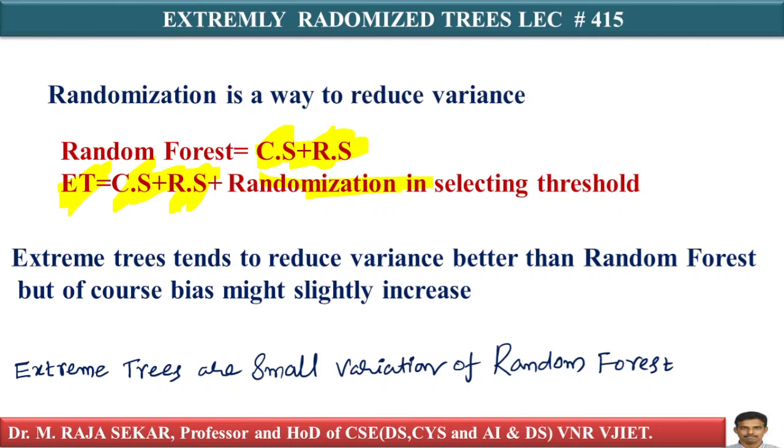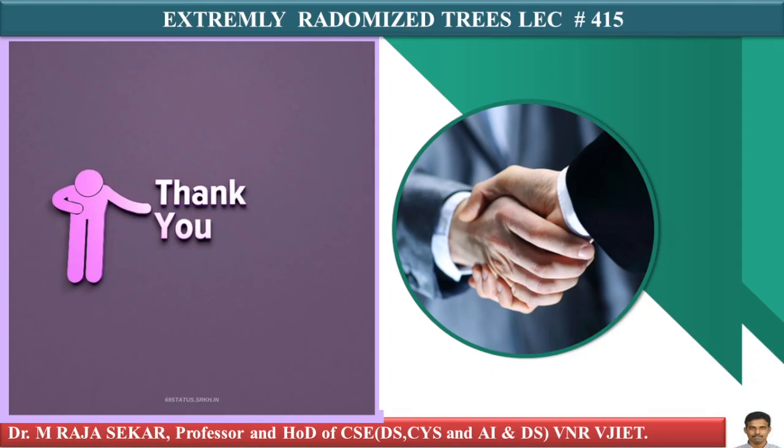Frankly speaking, I have never used extra trees in my own professional experience, but I have read about them in research papers. It is implemented and readily available in scikit-learn. We could try the extra trees classifier. Just go through this. If you have any difficulty, please leave a comment. Thank you very much.